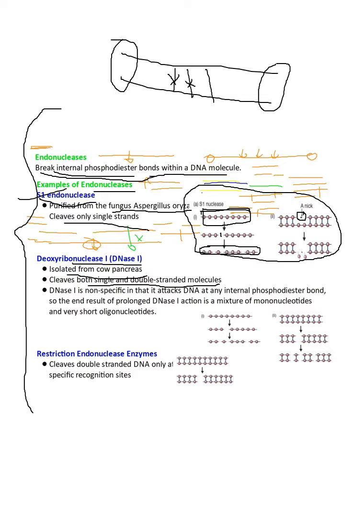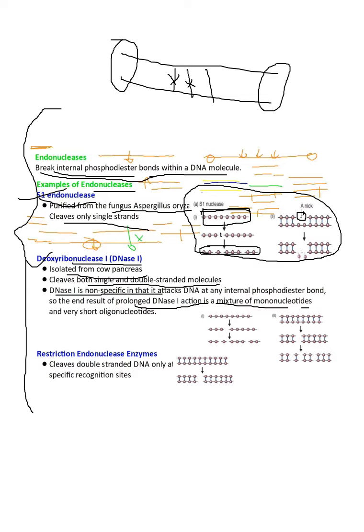DNase 1 is non-specific, and it attacks internal phosphodiester bonds. It can attack any of the internal phosphodiester bonds at any position. It is not defined.